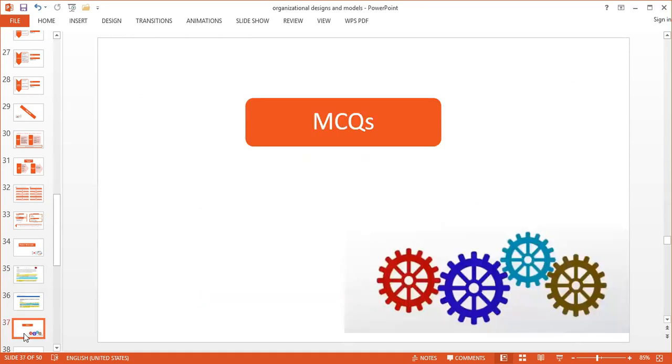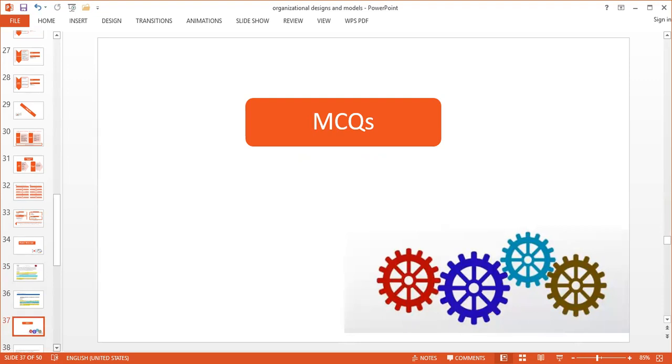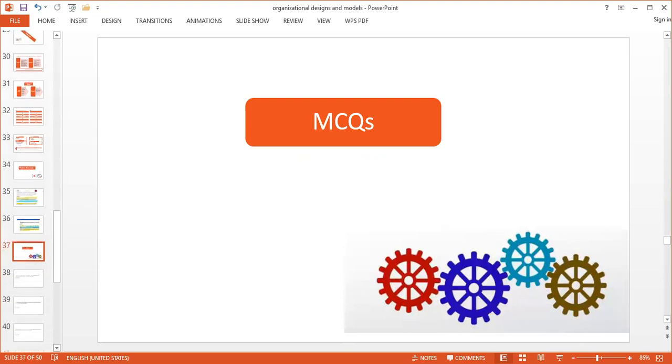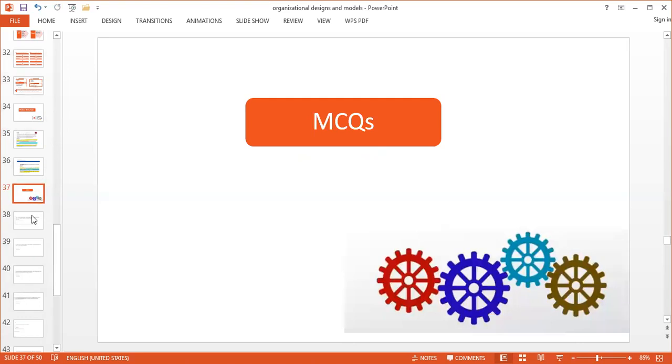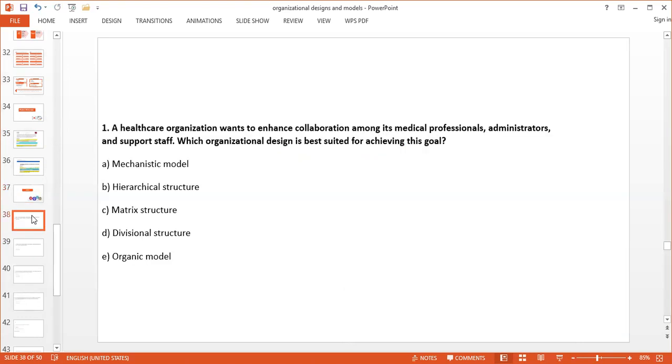Last one is our MCQ session. First one: a healthcare organization wants to enhance collaboration among its medical professionals, administrators, and support staff. Which organizational design is best suited for achieving this goal?